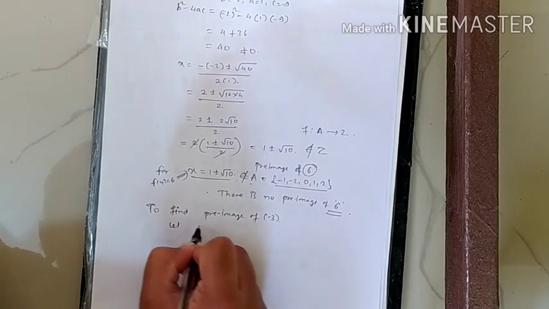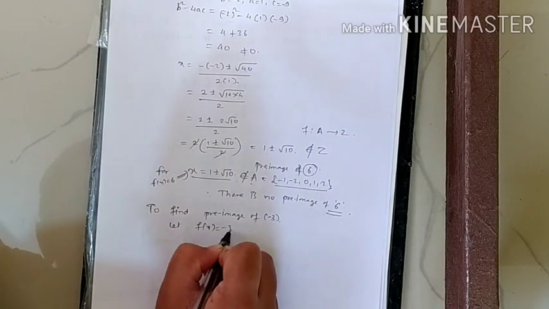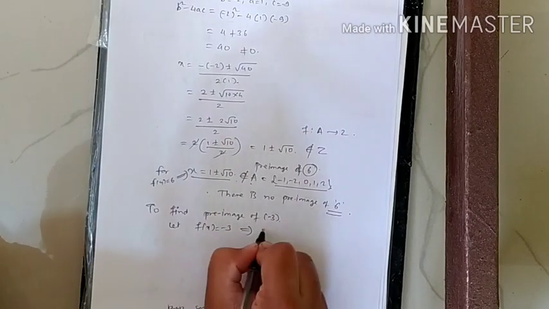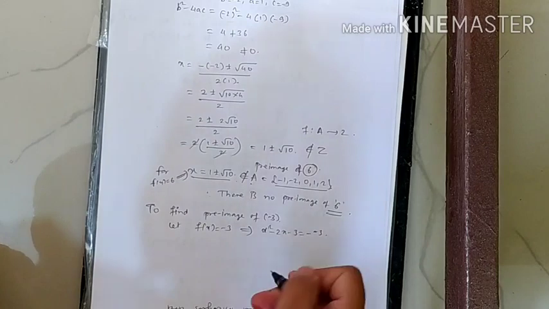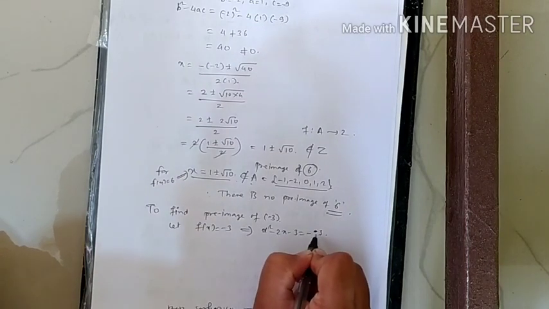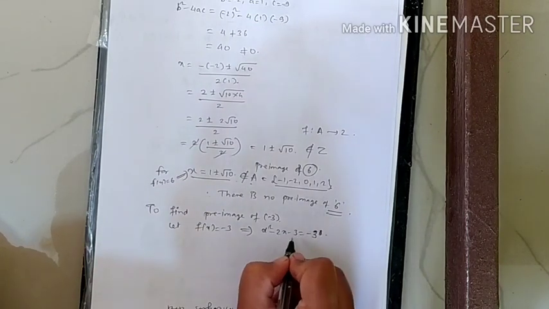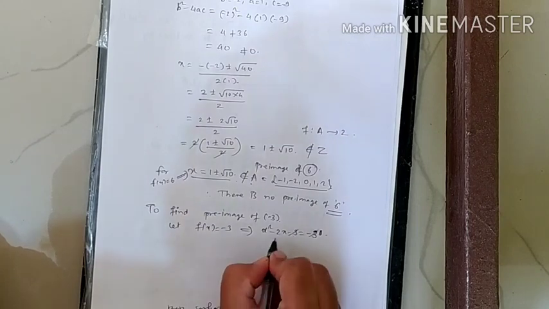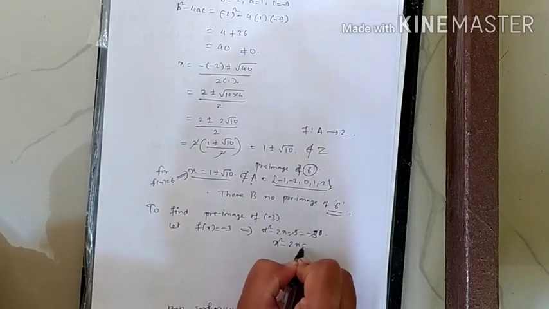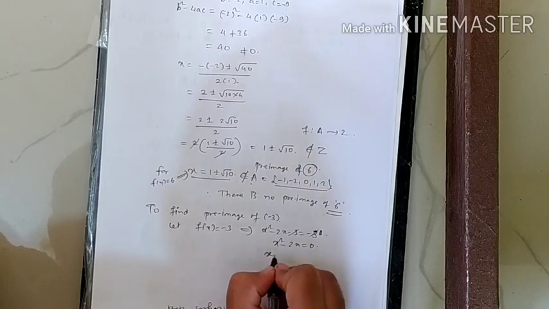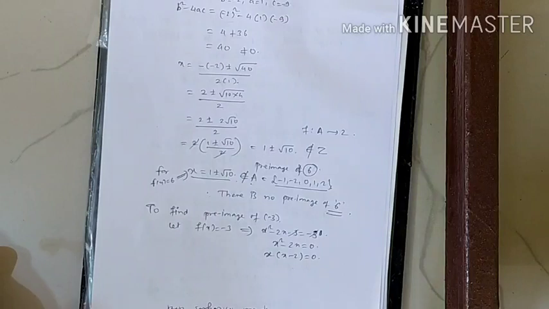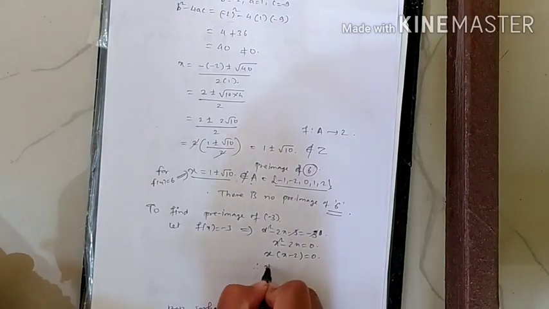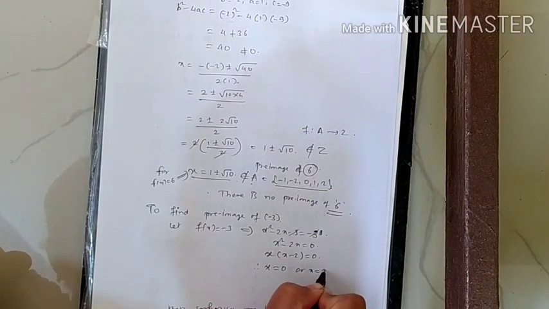So let f of x equals minus 3, which implies x square minus 2x minus 3 equals minus 3. Okay, so this minus 3 will get cancelled. So x square minus 2x equals 0. So we can take x common, it will be x minus 2 in bracket. So we have the product x into x minus 2 equal to 0. Therefore either x equals 0 or x equals 2.